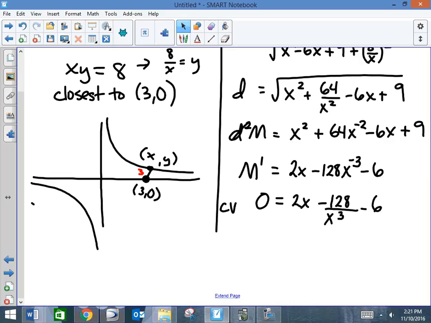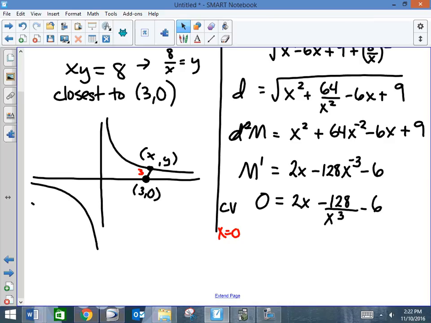Okay, so how do I solve this for 0? I know x equals 0 is a critical value, but also kind of a worthless one, right? It's a critical value, but it's really not significant, probably because that's not going to be the closest over here, but we can hold on to it. This is where the derivative doesn't exist, right?